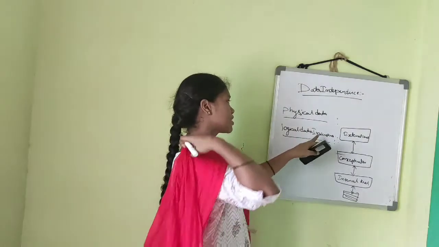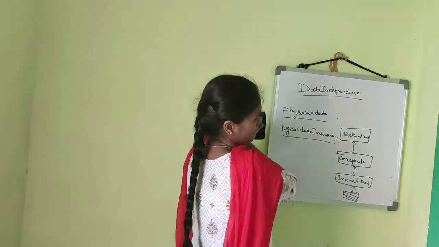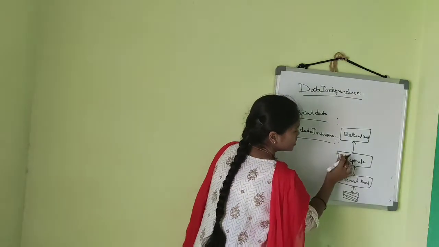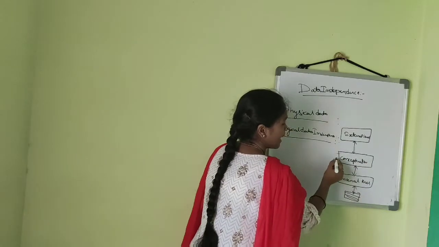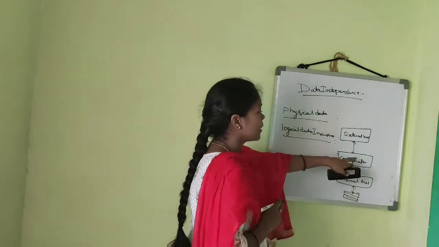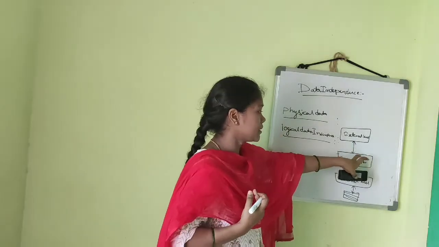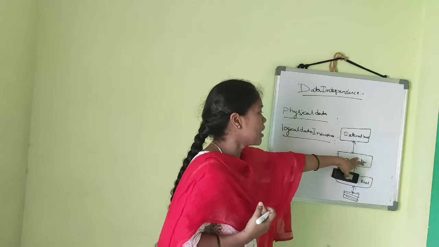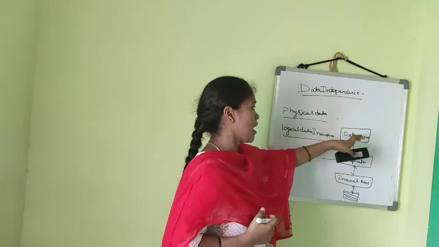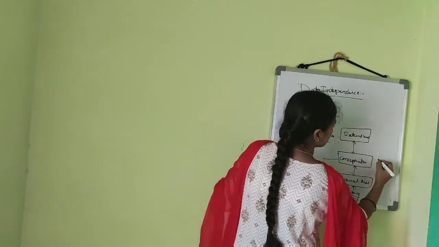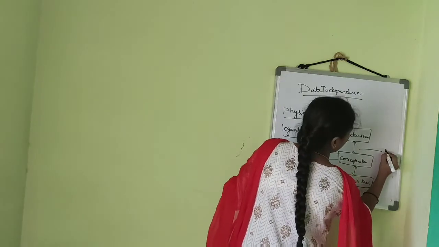First one is logical data independence. If there is any change in the conceptual level, in the conceptual schema, and we are able to change the schema at this level but it will not affect the external level, we can call it logical data independence.